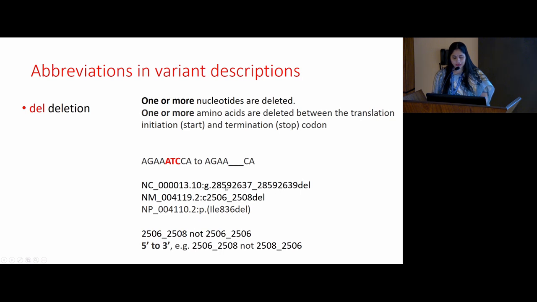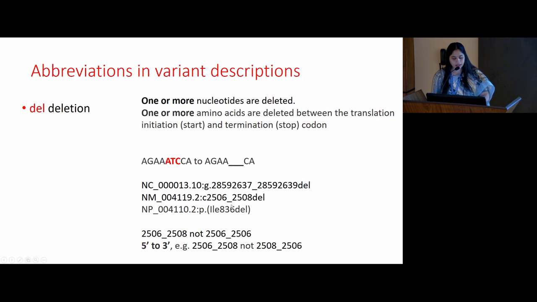At the transcript level, you may or may not mention the exact nucleotides being deleted, because HGVS says if there is an error while typing, that will give problems. So even if you give a range, that is perfect. So here I have given the genomic coordinate, transcript coordinate, as well as protein coordinate, for what is happening with this change. And when you are labeling, the change should be from 5' to 3' direction and not the opposite.